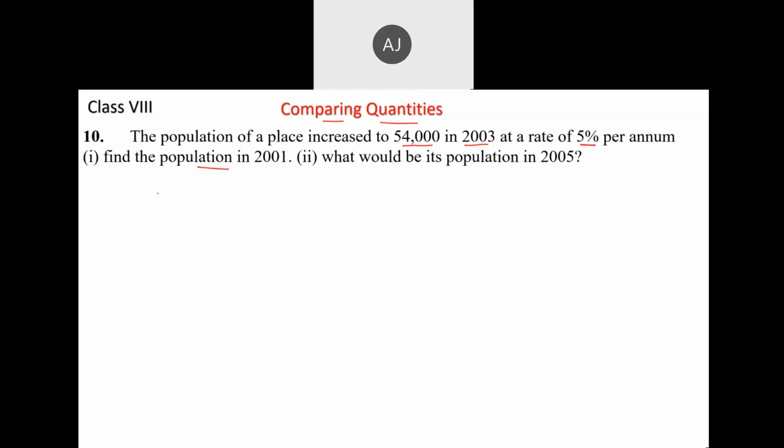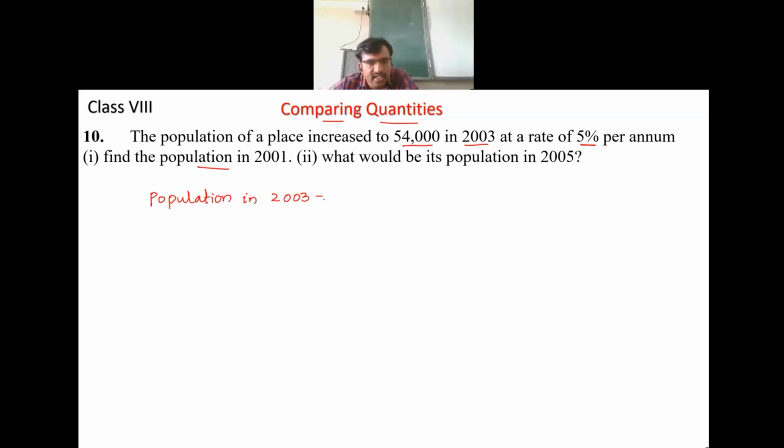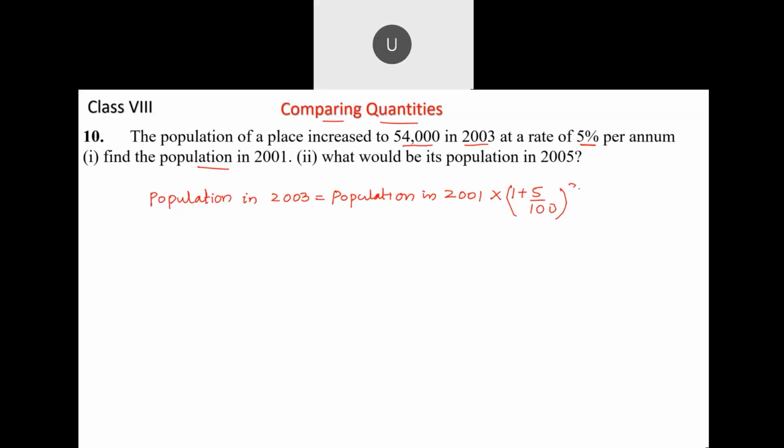It means that the population in 2003 is same as the population in 2001 multiplied by 1 plus 5 upon 100 to the power 2.